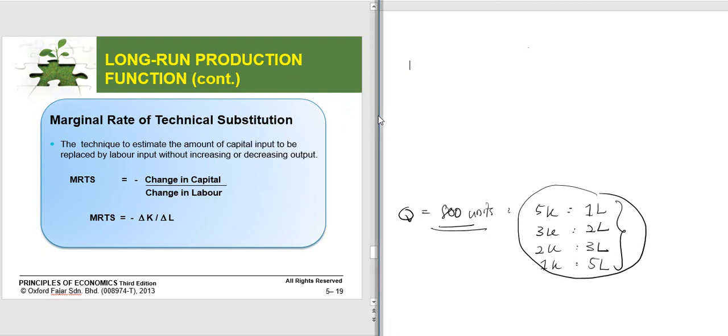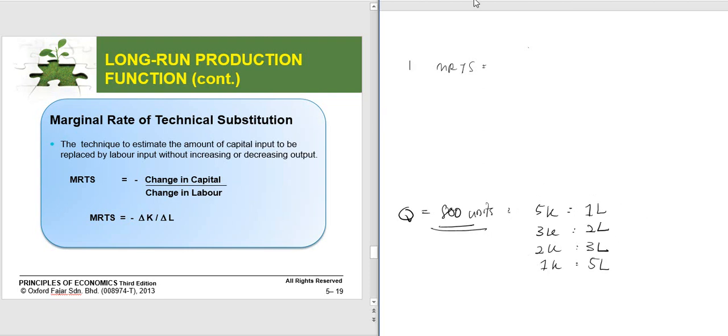So if you want to add one more unit of labor, how much capital do you have to reduce? So MRTS, the first one is, let's say you want to add one more labor. So how much capital you have to reduce is the change in capital, which is 3 minus 5, divided by 2 minus 1.